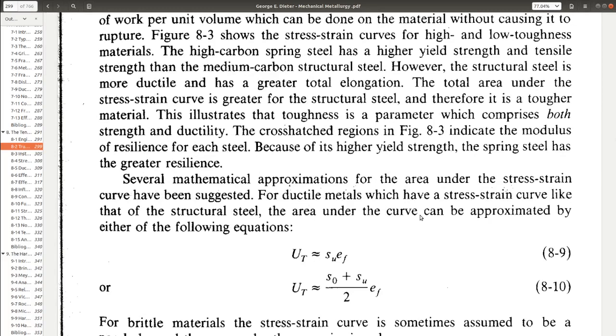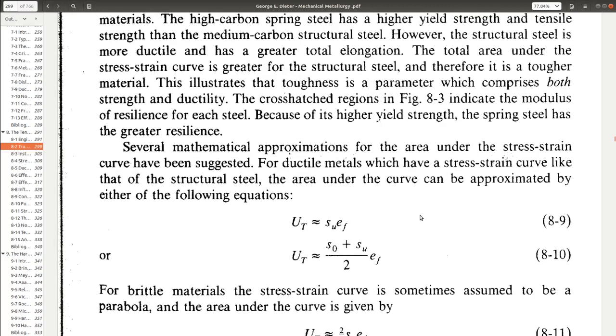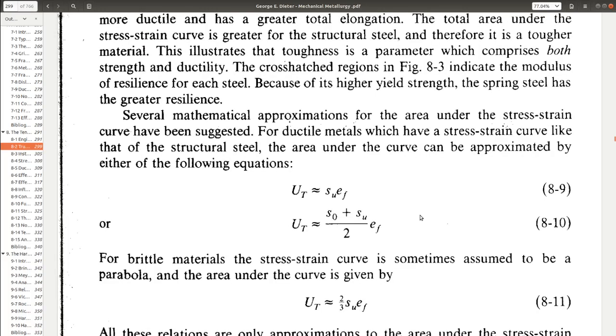So what you have to do is measure the total area under the curve, but roughly you could measure using some formula. That will not provide an exact value, but some rough value.